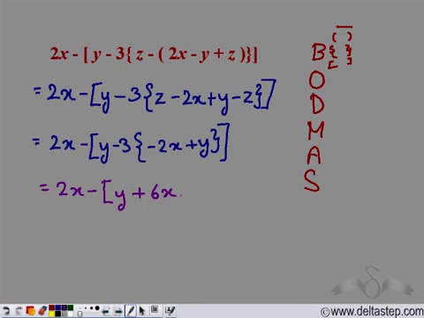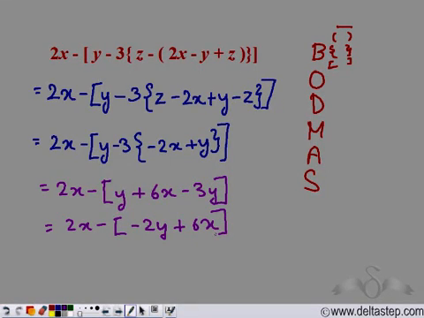Negative 3 into y gives us minus 3y. Now we have to consider this bracket. So do we have like terms? Yes, we do have like terms. So first let us combine the like terms together. 2x minus y minus 3y gives us minus 2y plus 6x.